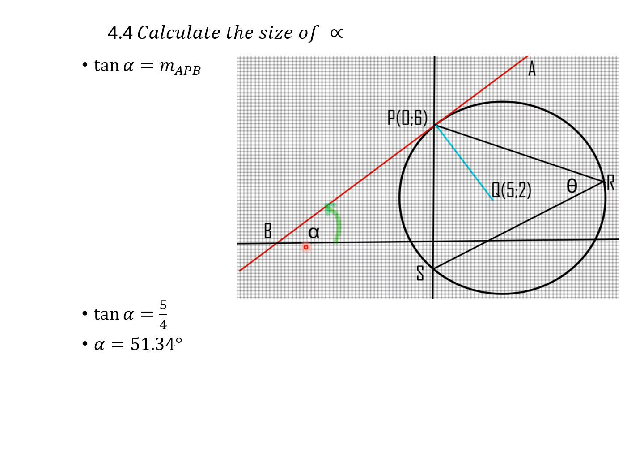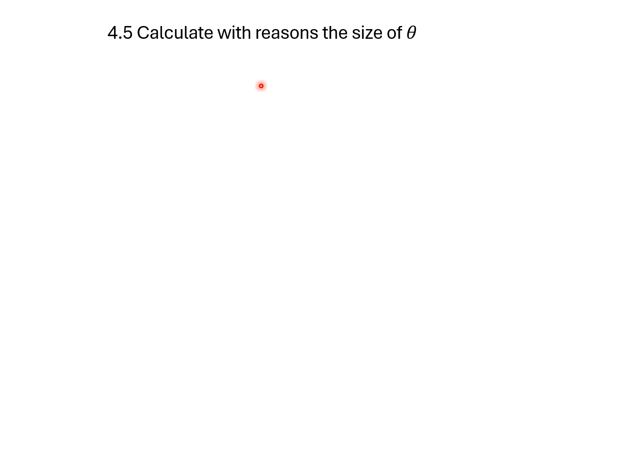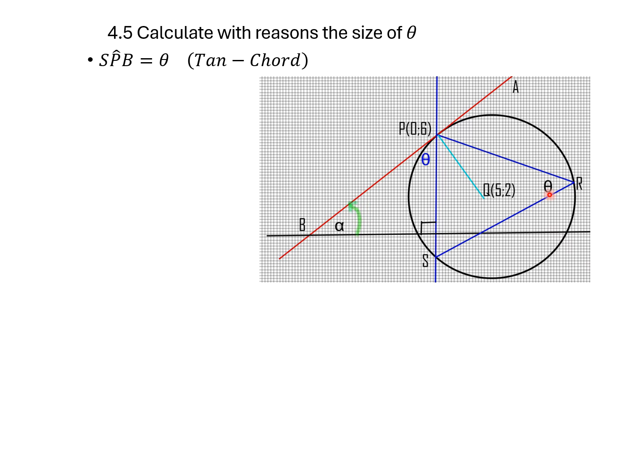And I assume you can see here, if we just do this part, that's a 90-degree angle there. So technically you can find that angle there. Now calculate with reasons the size of theta. Take note of theta there. There in blue, I have my triangle. It's making contact with the circumference of the circle.